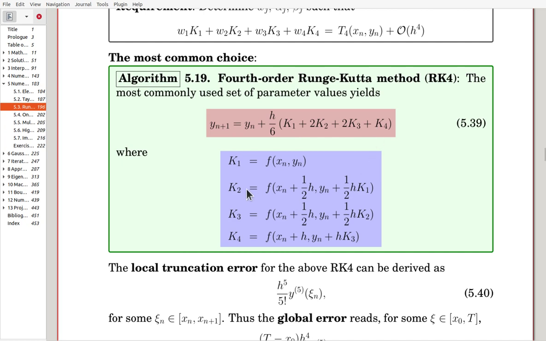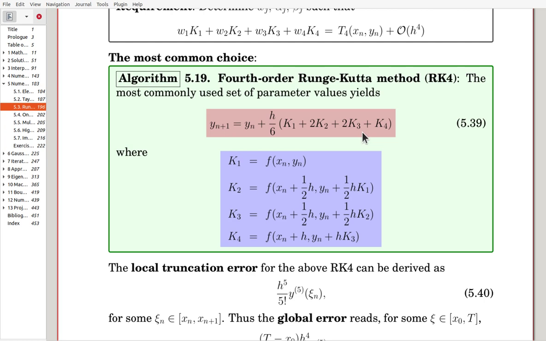Now K1 is the left edge point evaluation, and K2 is the midpoint evaluation using K1 to predict the y value. K3 uses K2 for y value prediction at the midpoint, and K4 is evaluated at the right edge point using K3 for the prediction of the y value. Okay, that's the 4 evaluations combined.